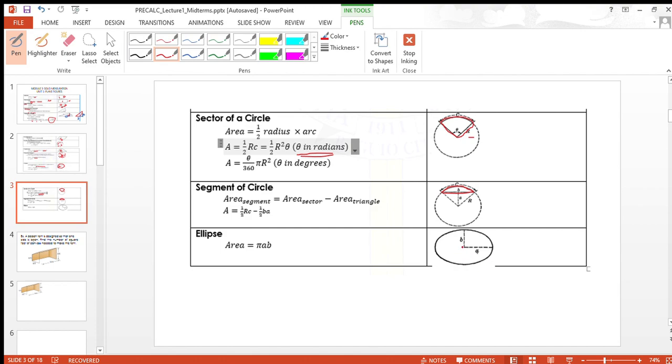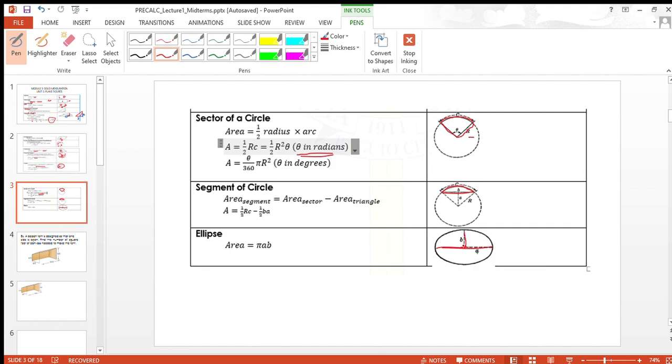Technically, for the ellipse, this portion here is called the center. If you connect this line segment, it is called the major axis.